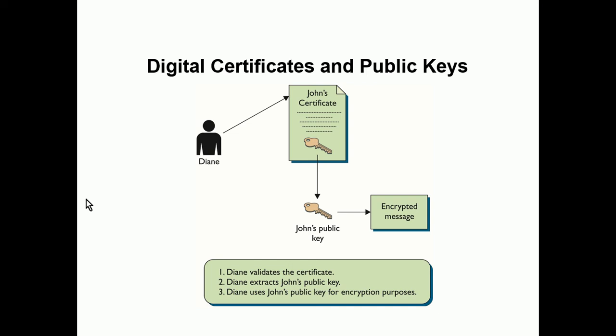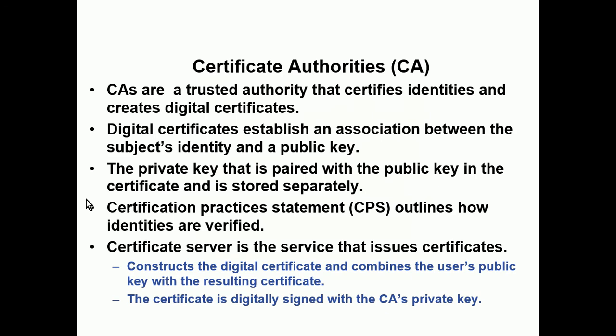Diane gets that certificate, and embedded in that certificate is the public key that Diane extracts to encrypt the message. If Diane can validate that it is a valid certificate, then she can be reasonably assured that the public key embedded in it is in fact John's real public key, and that she's not the victim of a man-in-the-middle attack.